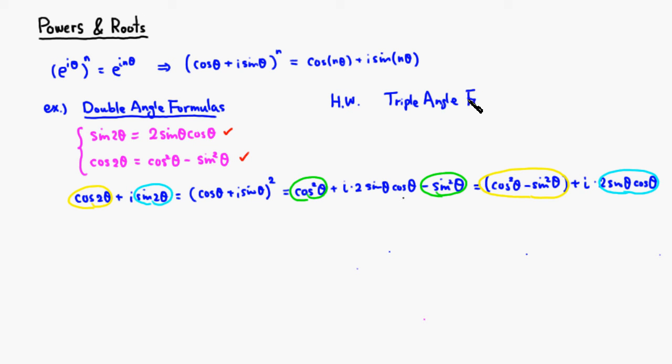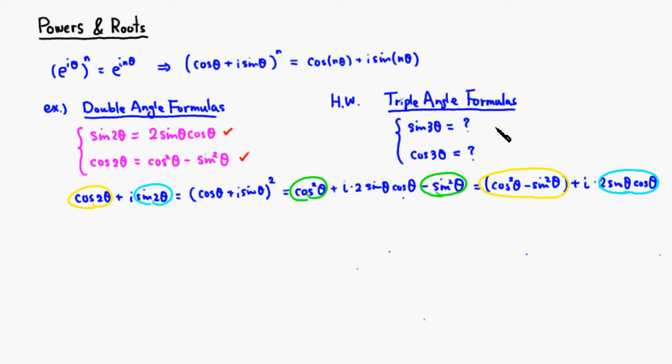You're going to have to find the formula for sine of 3 theta, and then cosine of 3 theta is going to be what? So that's your homework, and I think you know exactly what to do. You just basically change 2 to 3.